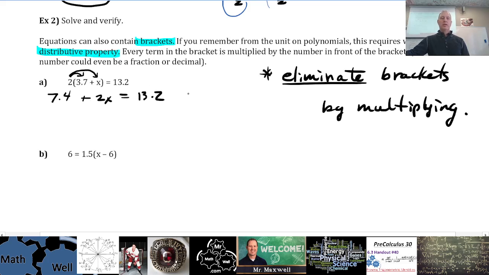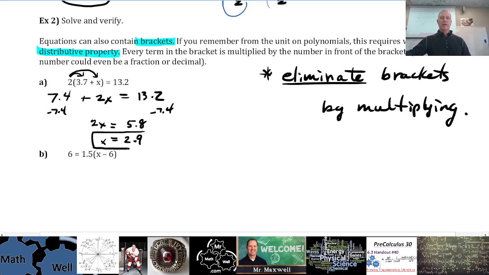Equals 13.2. And then all of the other things we talked about today kick in. So we'll subtract 7.4. We'll have 2x equals 5.8. 13.2 minus 7.4 is 5.8. Divide by 2. We get x equals 2.9.